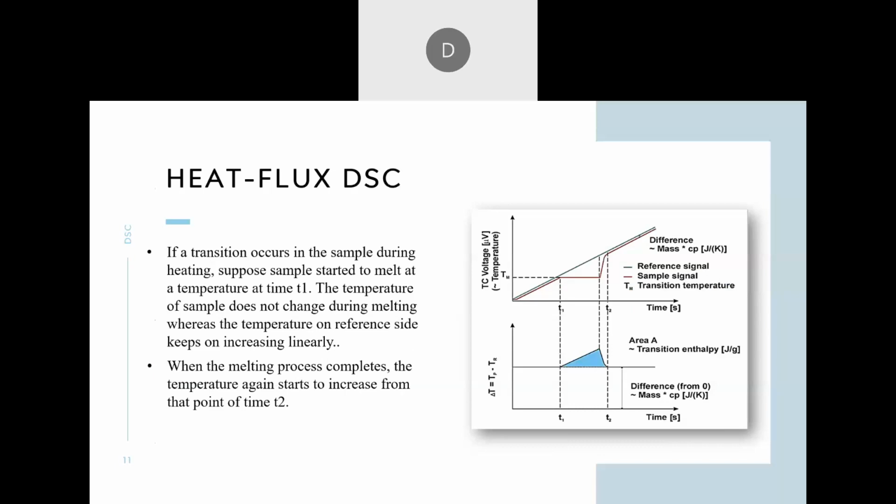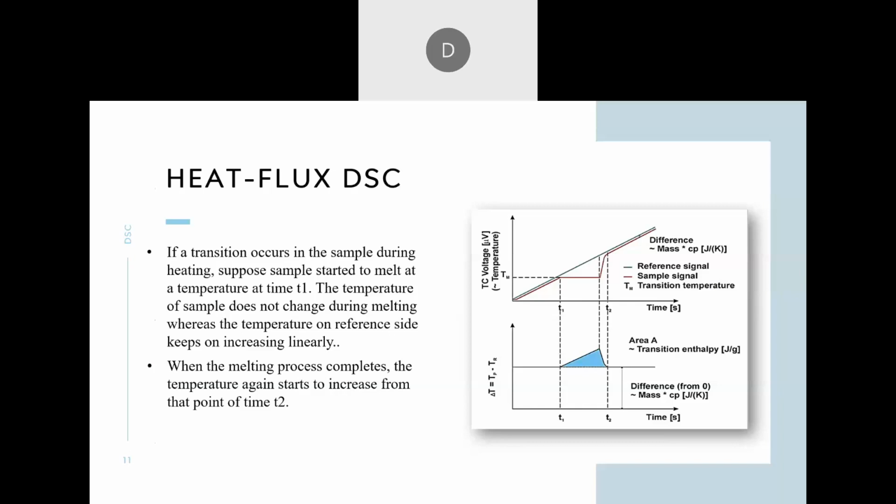Because of this, the temperature of the reference goes on increasing, whereas the ice starts to melt. Until the complete ice has melted, the ice would be at 0 degrees Celsius. So there would be a lag between the reference and sample signal.